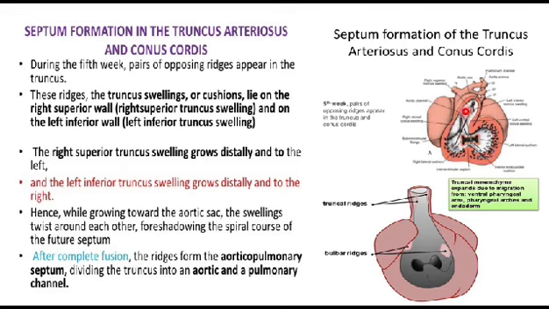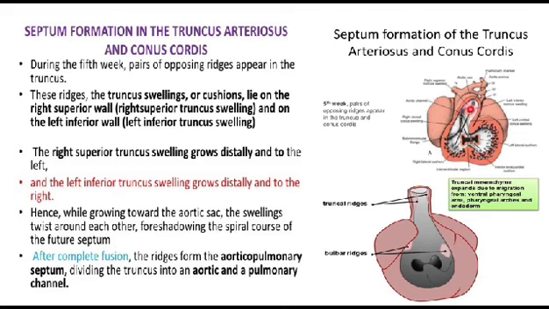While this fusion is happening, they go towards the aortic sac. The aortic sac is cranial to the truncus arteriosus. Here the swellings, during their process of fusion, get twisted around each other, and that is how the spiral course of the aortopulmonary septum is formed.